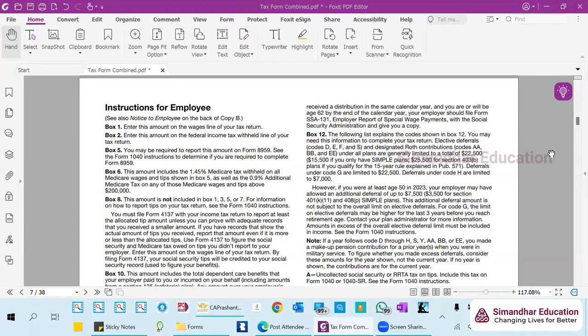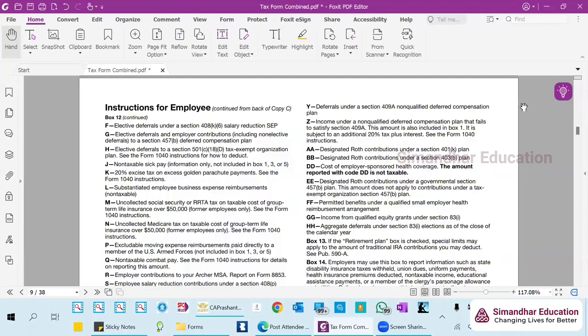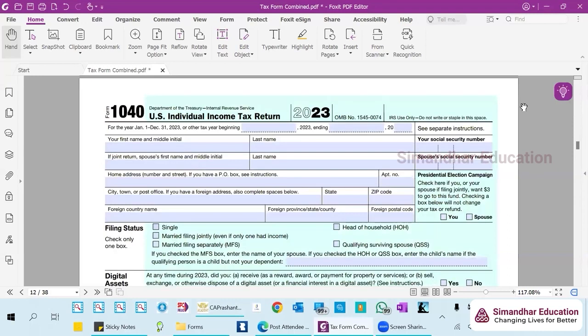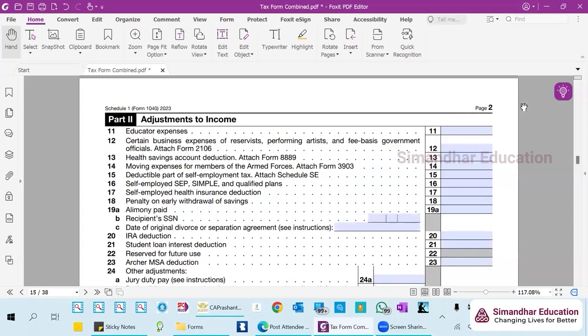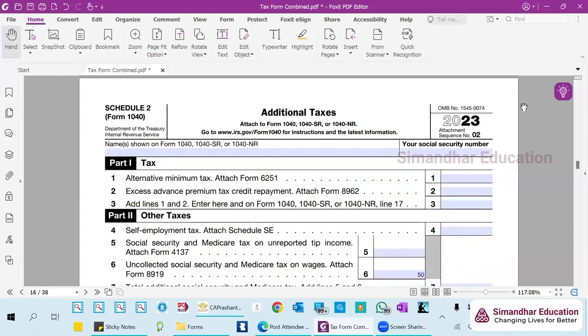Okay, now, the first form was W2 wage statement. Next is 1040, US individual income tax return. Schedule 1, additional income and adjustments to income. Schedule 2, additional taxes.